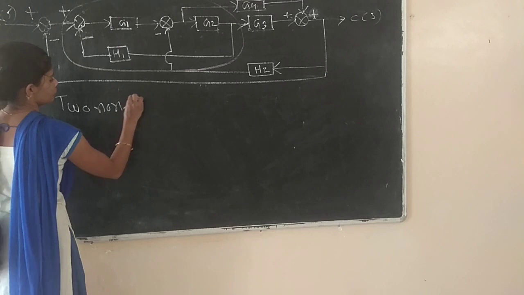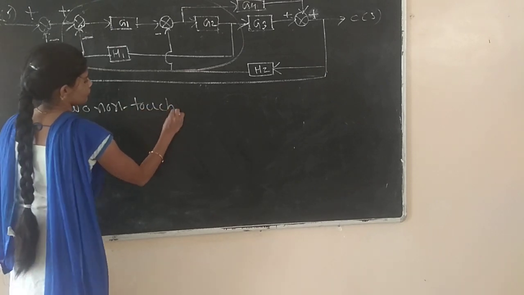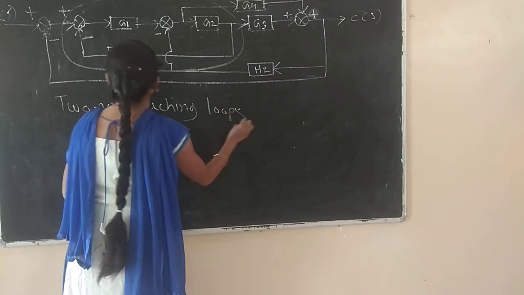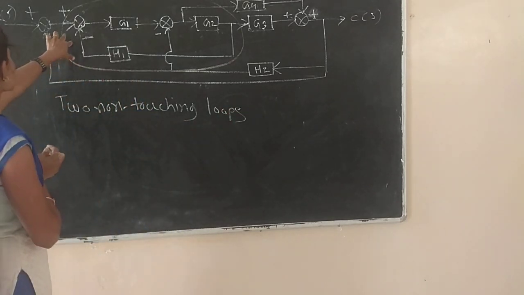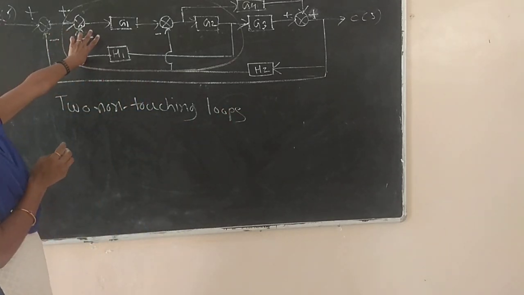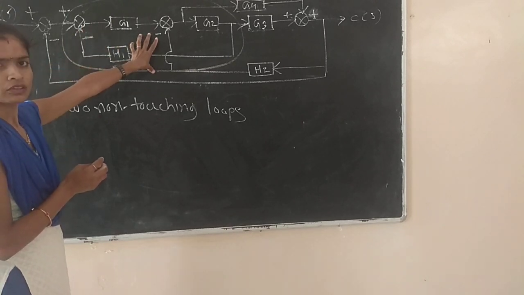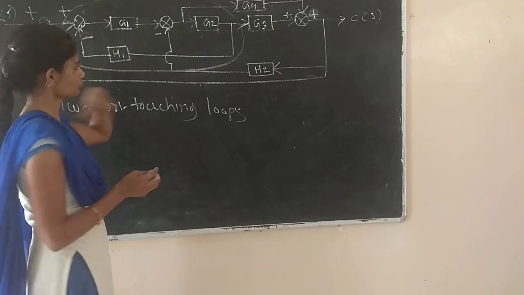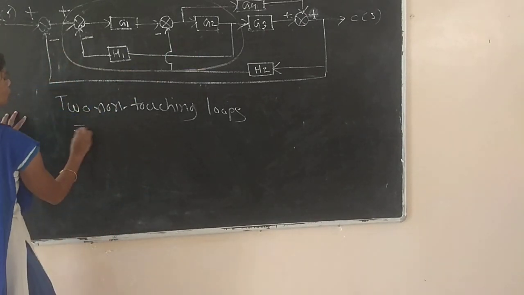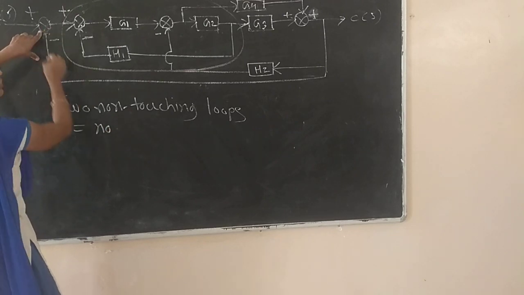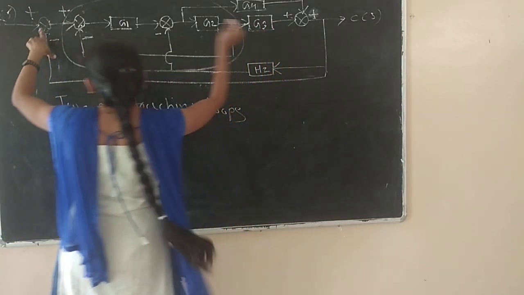In the diagram, see 2 non-touching loops. But there is no node common between the 2 loops. There are separate loops. No common node. Means there is no non-touching loops. No non-touching loop. This loop is separate.